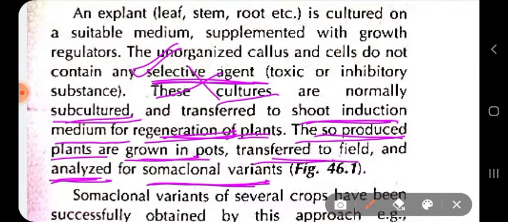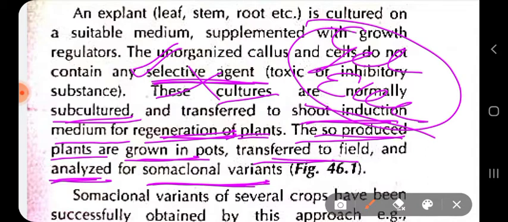They are analyzed by cytological study. They are analyzed in many ways. You can go for gel electrophoresis for studying the variation in their DNA content, the DNA bands that we will get in agarose gel.